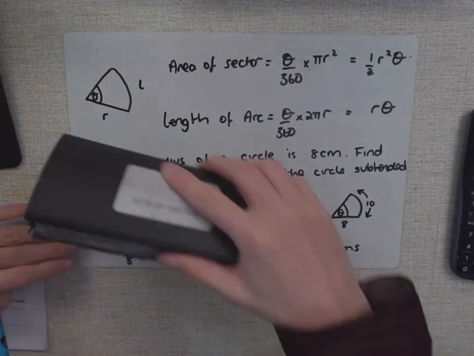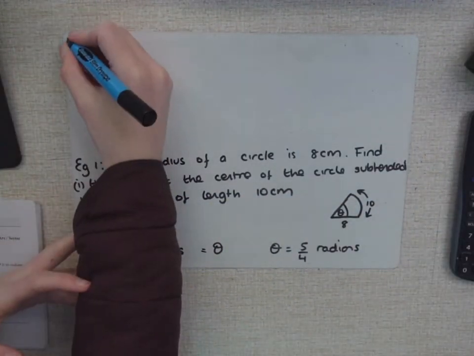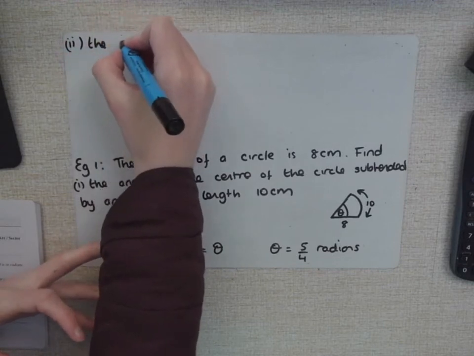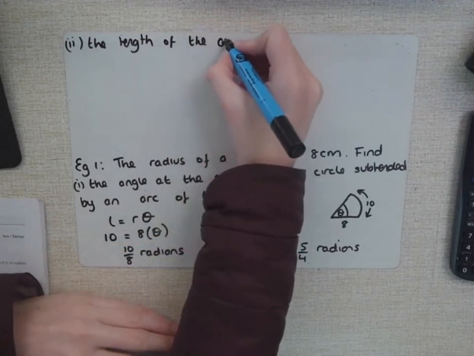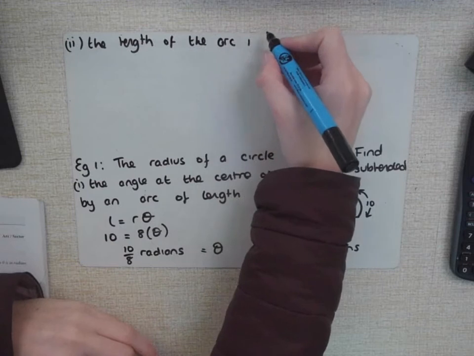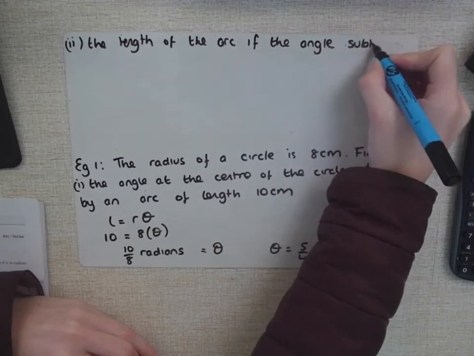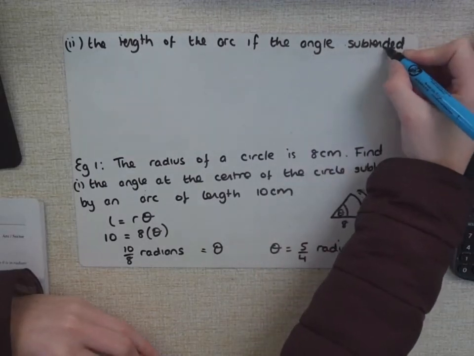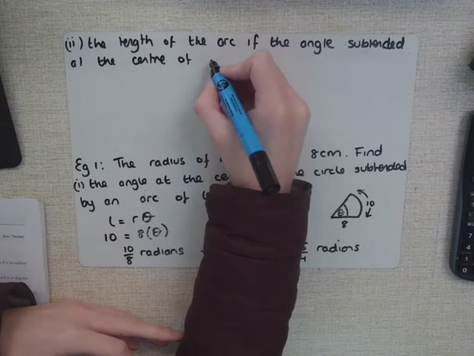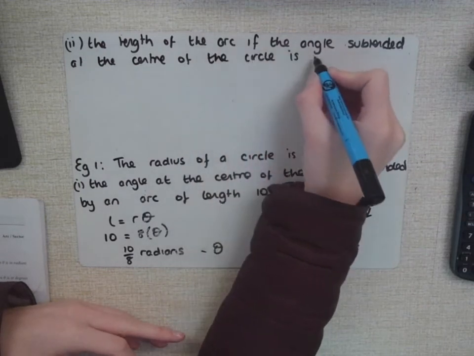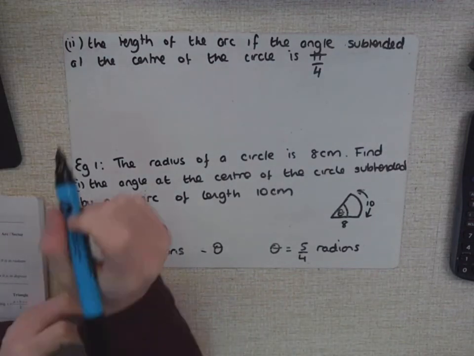Can I just do part 2 of this question? Find the length of the arc if the angle subtended at the centre of the circle is pi over 4.